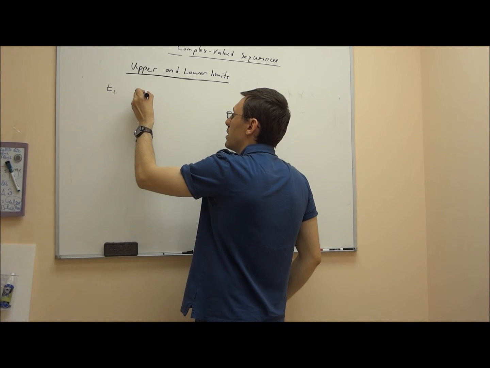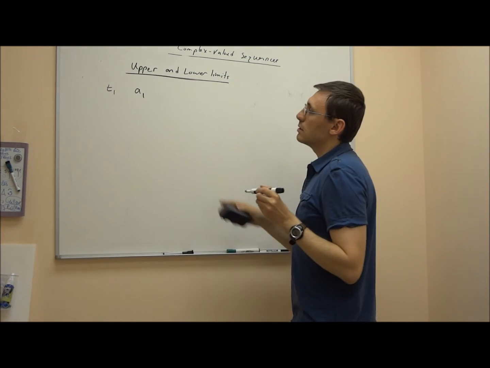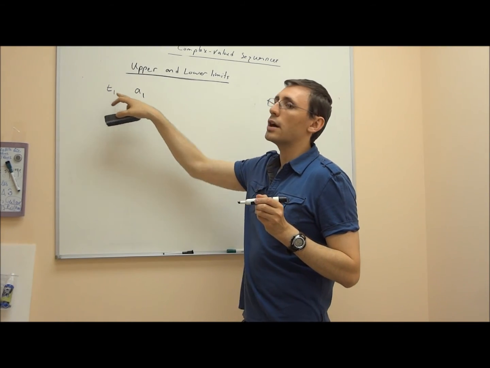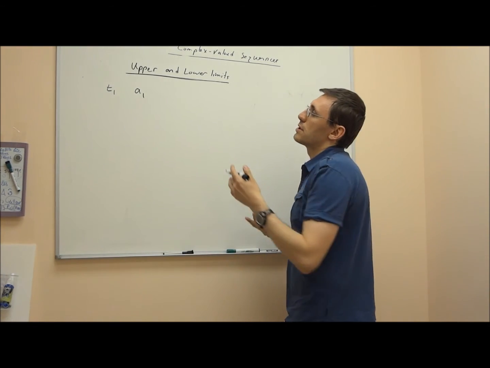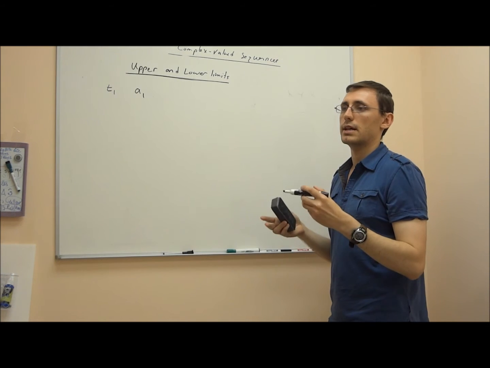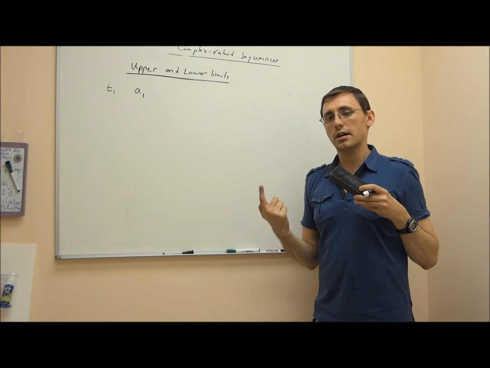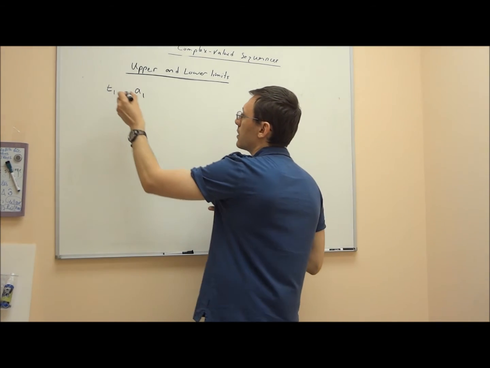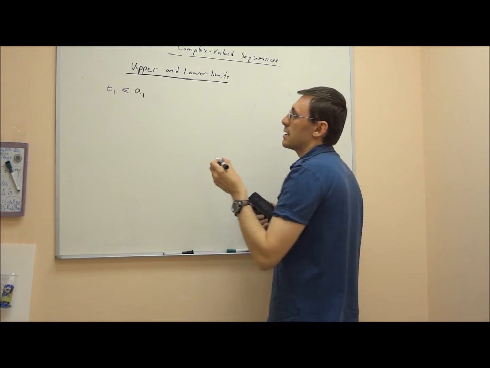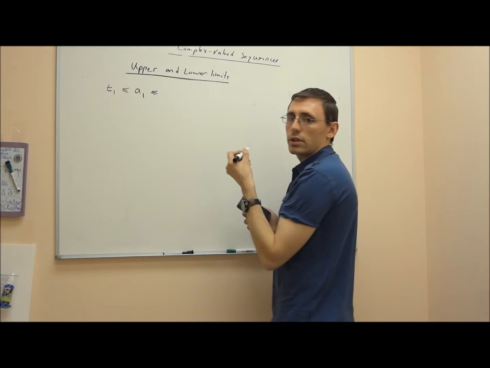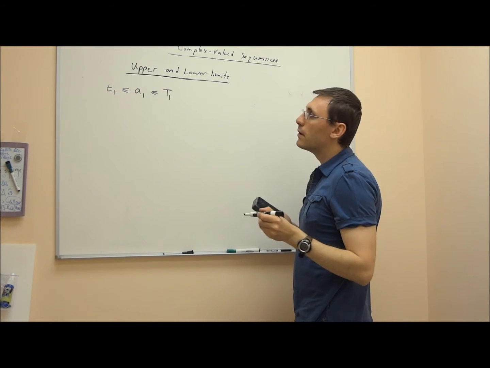How does it compare to A1? Well, A1 is just an element in the set, and T1 is like the minimum over all the elements in that set. It's a glorified minimum, which is potentially the entire set does not have a smallest number. So for instance, for 1 over n, there is no smallest number in that sequence, but there is an infimum, there is a greatest lower bound. So that means that T1 is smaller than or equal to A1 in any case. And A1 is potentially not the largest element in that set, which means that it is smaller than capital T1.